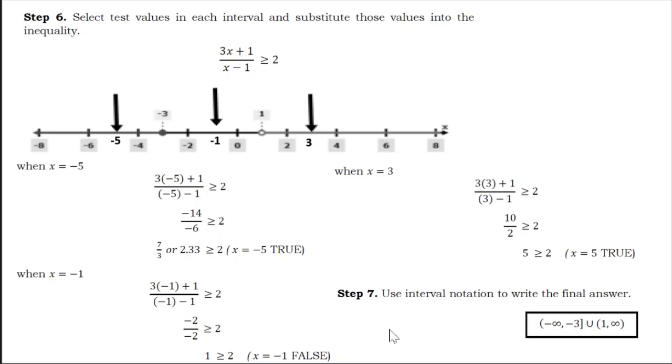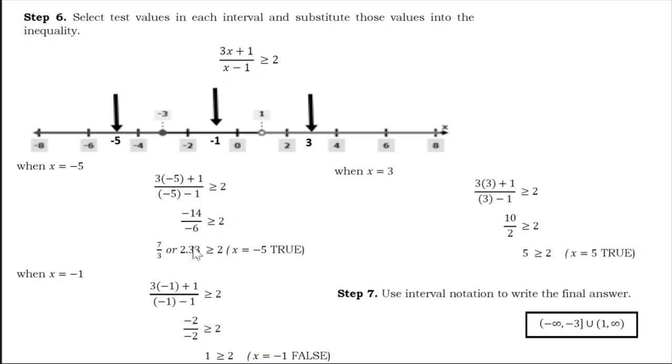So, ito na yun. This is our notation or the interval notation. So, kasali si negative 3 up to negative infinity with the union of, di kasali si 1, excluded si 1, to positive infinity.